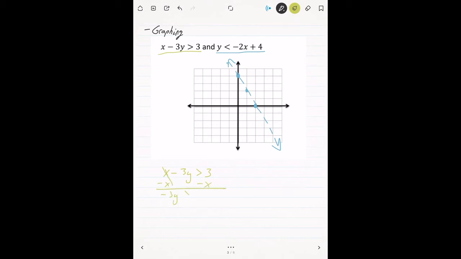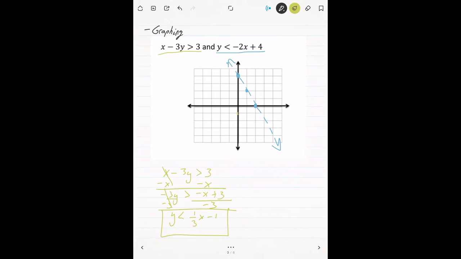Negative 3y is greater than negative x plus 3. We'll divide both sides by negative 3, and we end up with y is less than positive 1/3 x minus 1. You'll notice we need to flip the sign because we've divided by a negative. And this is what the inequality becomes.